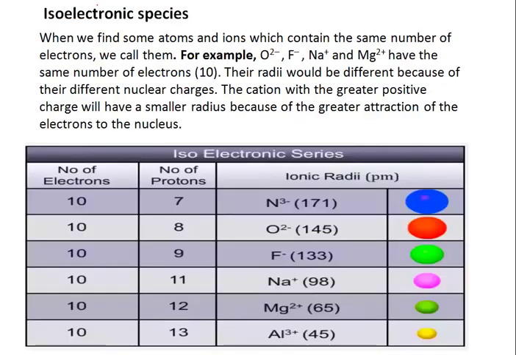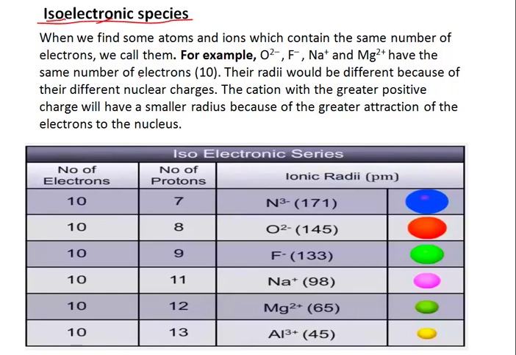Now towards the end, the isoelectronic species. Again, this is important. Iso means same, electronic means number of electrons. So just as we have discussed about cation and anions or ionic radii, in case of cations and anions, after loss of electron or gain of electrons, their number of electrons becomes same.